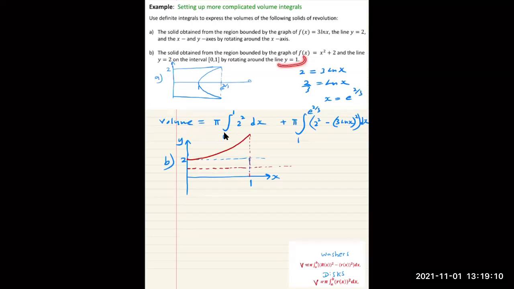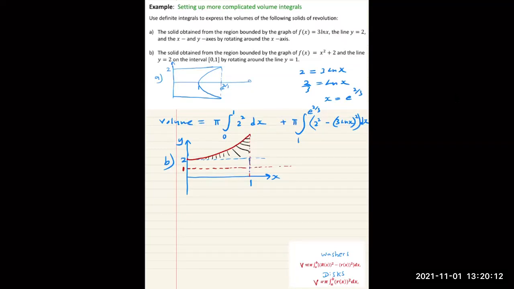So here is the line y is equal to 1. Now I'm going to rotate this region about that line. This is the region. Okay, I rotate that around this line y is equal to 1.